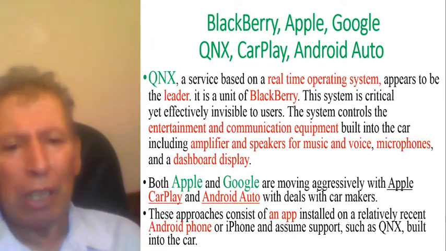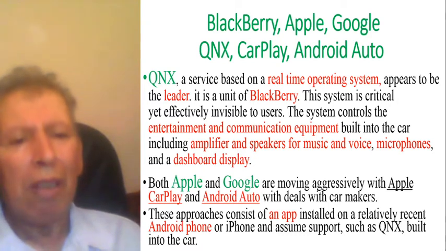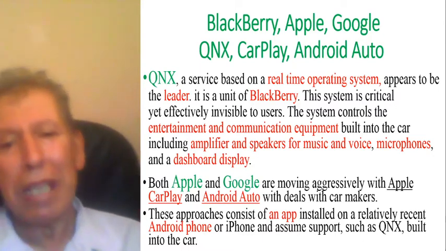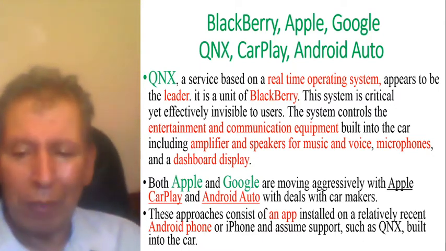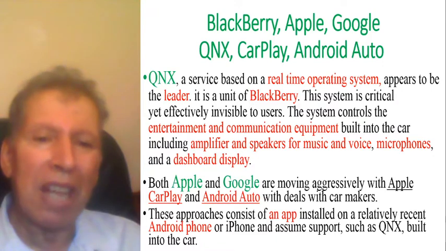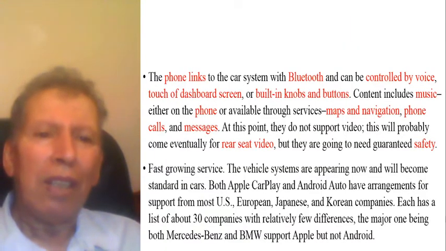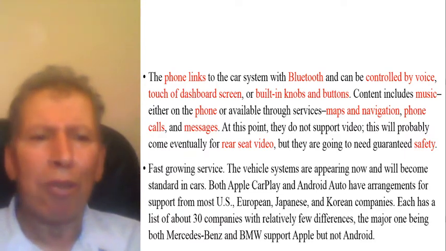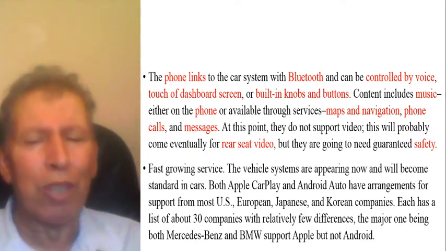Whereas CarPlay and Android Auto rely on a telephone, and that telephone can control many functions in your car. As simple as that. The phone links to the car system with Bluetooth and can be controlled by voice, touch, or dashboard screen.